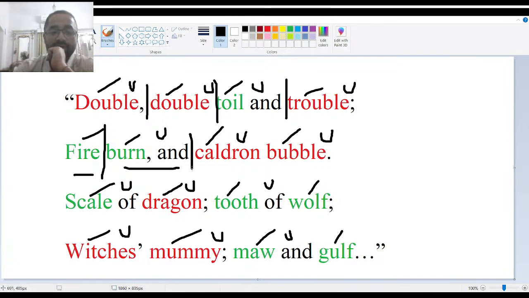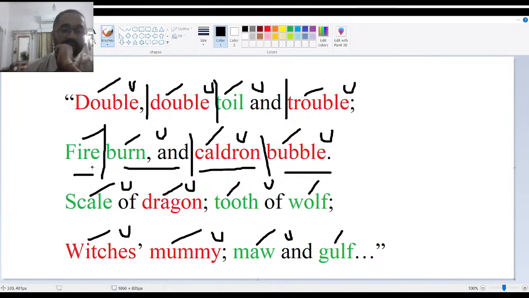Burn and cauldron bubble. So instead of having a catalectic at the end of a line, you have an acephalous foot before the line begins. Right.